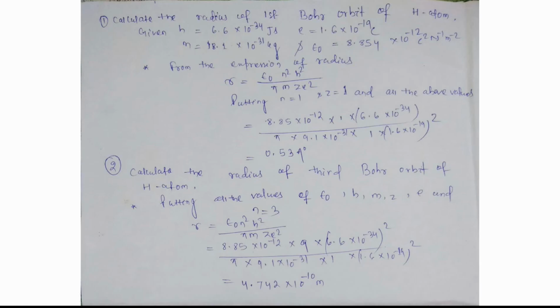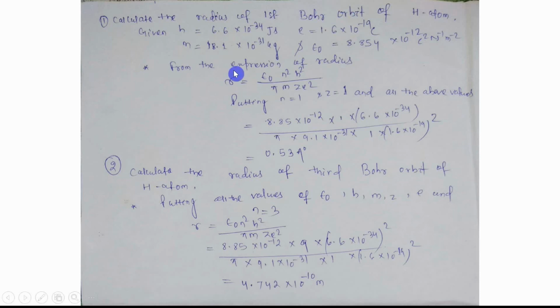Next, come to some problems. We have already discussed the formulas for radius, velocity, energy, all the things. Suppose a question is there: calculate the radius of the first Bohr orbit of the hydrogen atom.